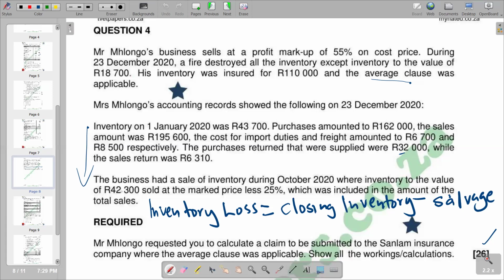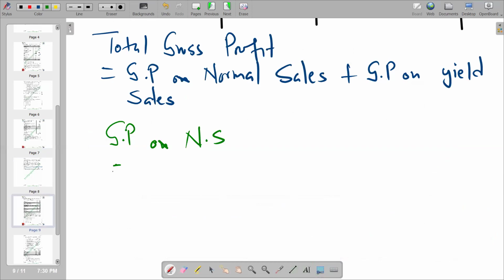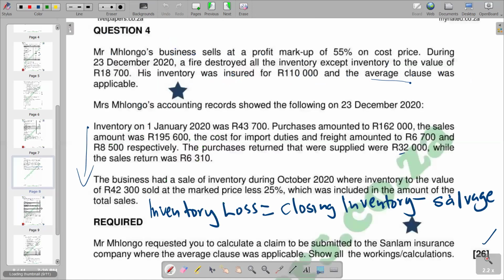So basically, we have also got sales of 42,300 of yield sales inside the total sales figure, so that we get the figure for normal sales. So we are going to say 195,600. Then we subtract our yield sales, which is 42,300.